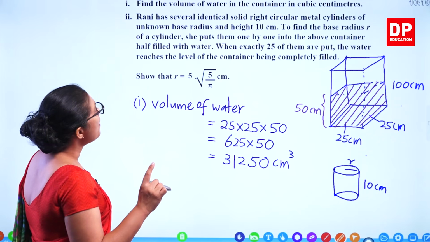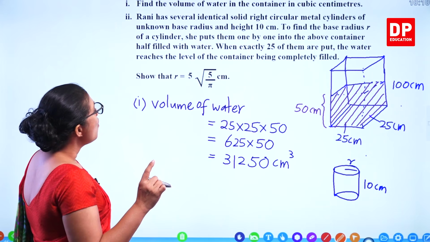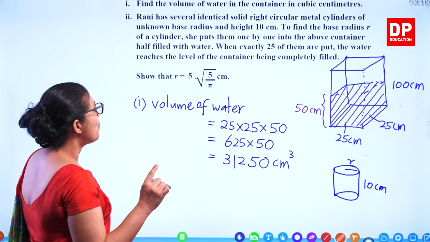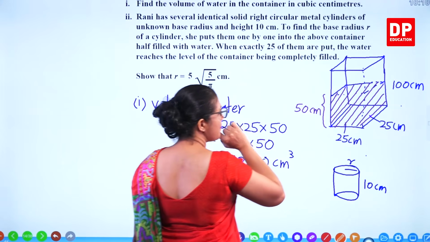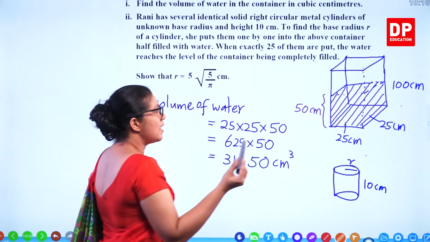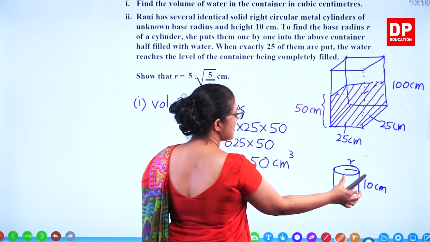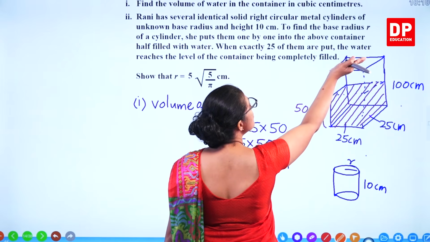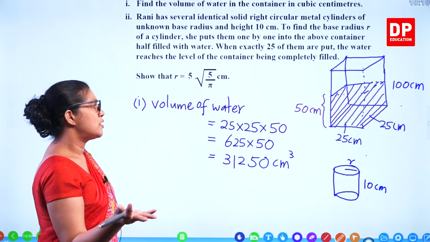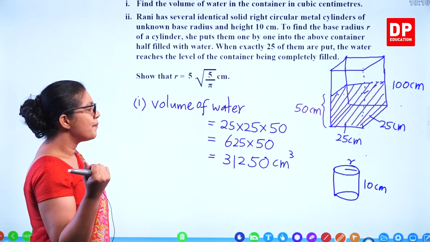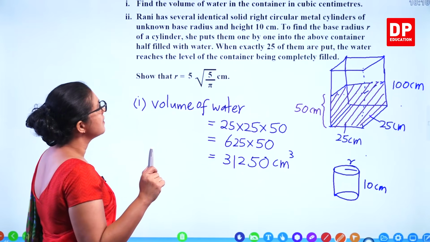She puts them one by one into the above container, half filled with water. When exactly 25 of them are put, the water reaches the level of the container being completely filled. So what it means, when you put 25 such cylinders, the water level goes to the top. So the volume of the empty space is equal to the volume of 25 such cylinders.